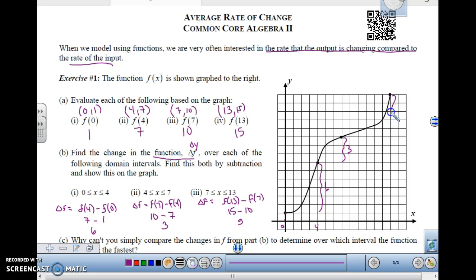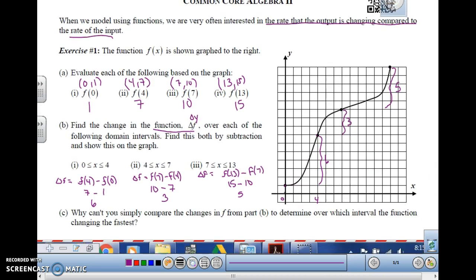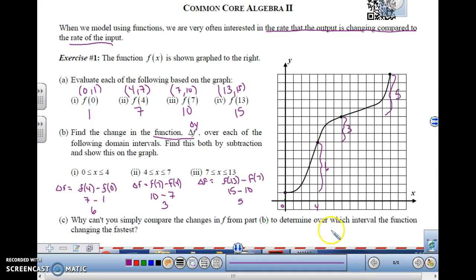All right, so we can see from point to point to point here that these have different rates of change at your different points. So why can't you simply compare the changes in f from part B to determine over which interval the function is changing the fastest? Well, because remember the rate of change is comparing the outputs over the inputs.